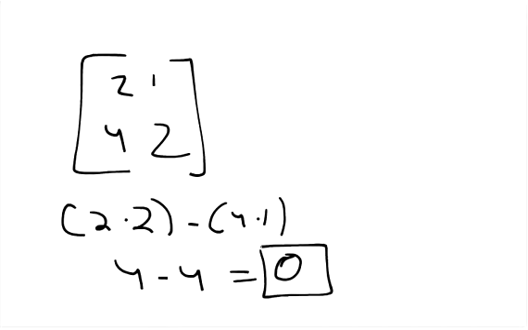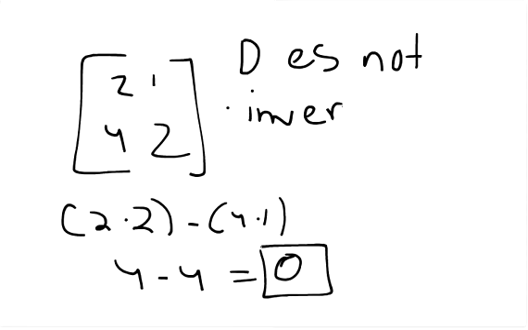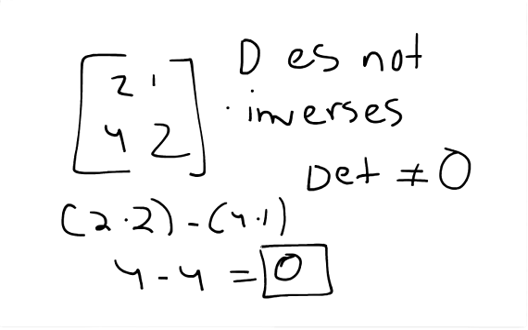That means that this matrix does not have an inverse. That's very important when you're trying to find inverses and solving different types of matrix equations that have to do with inverses. The determinant cannot equal 0. If it does, it's simply not possible to find an inverse.